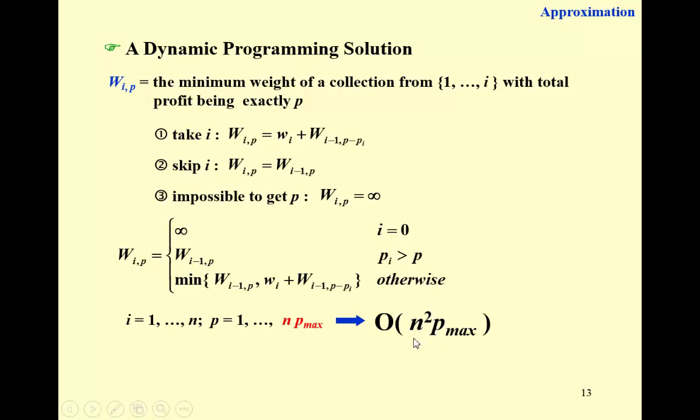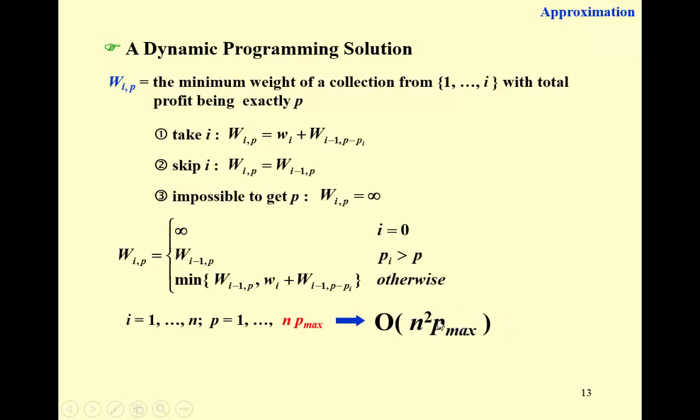Here we see n squared, where n is the size of the item set, right? And therefore n squared is indeed a polynomial. That's all right, but you must be aware that P max is also part of the input, and it is not a constant. The size of this value will affect the runtime, right?